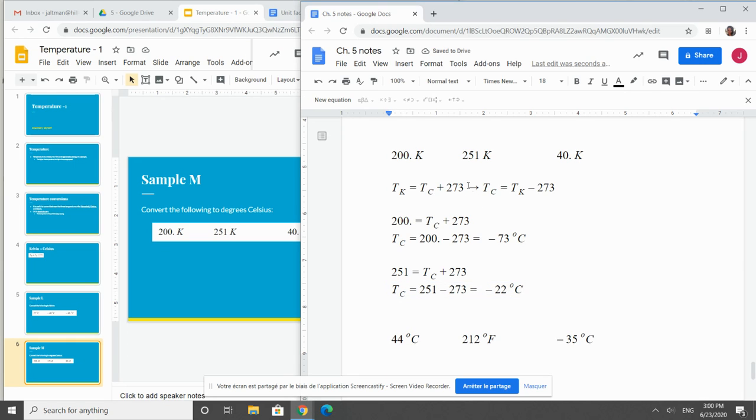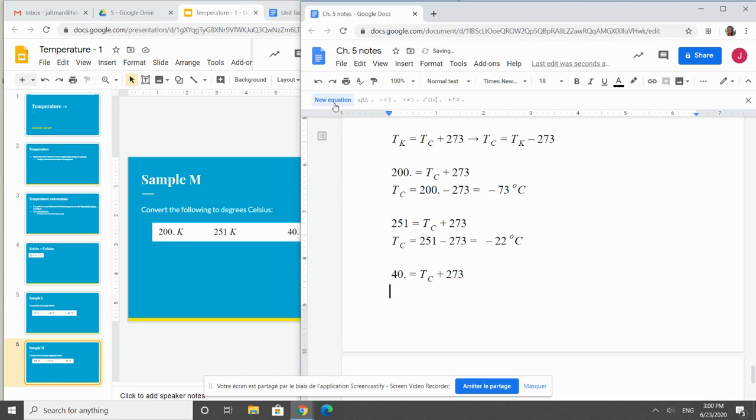Now I have 40 Kelvin, so I can already tell that's going to be extremely cold. So I got negative 233 degrees Celsius.